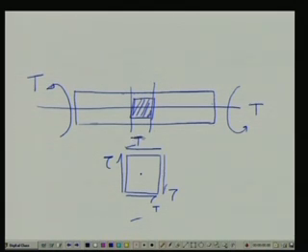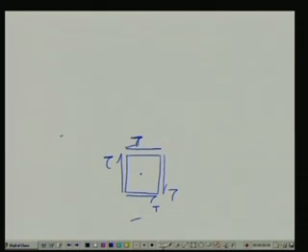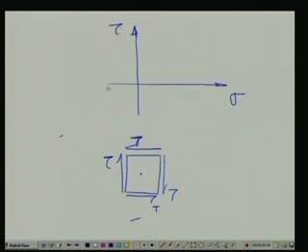Now, what happens if we try to find the situation of this particular state of stress through a Mohr circle? I suppose you remember the Mohr circle we discussed in the last class or maybe one or two classes earlier. So, we plot sigma and tau as the two axes for the Mohr circle.